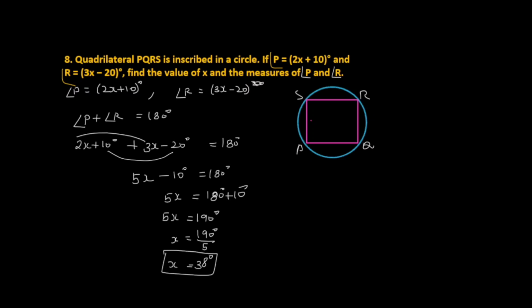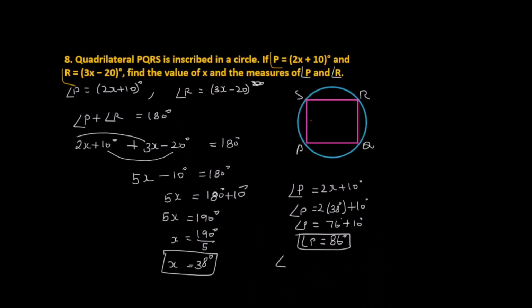If x is 38 degrees, what is angle P? Angle P is 2x plus 10 degrees. So angle P is equal to 2 into 38 degrees plus 10 degrees, which is 76 plus 10. Angle P is equal to 86 degrees. Angle R is equal to 3x minus 20 degrees. Angle R is equal to 3 into 38 degrees minus 20 degrees.